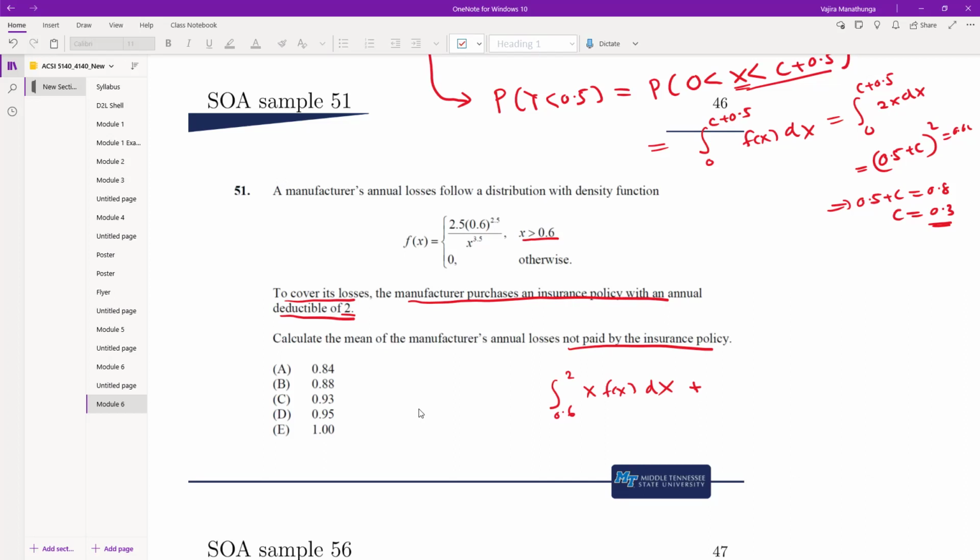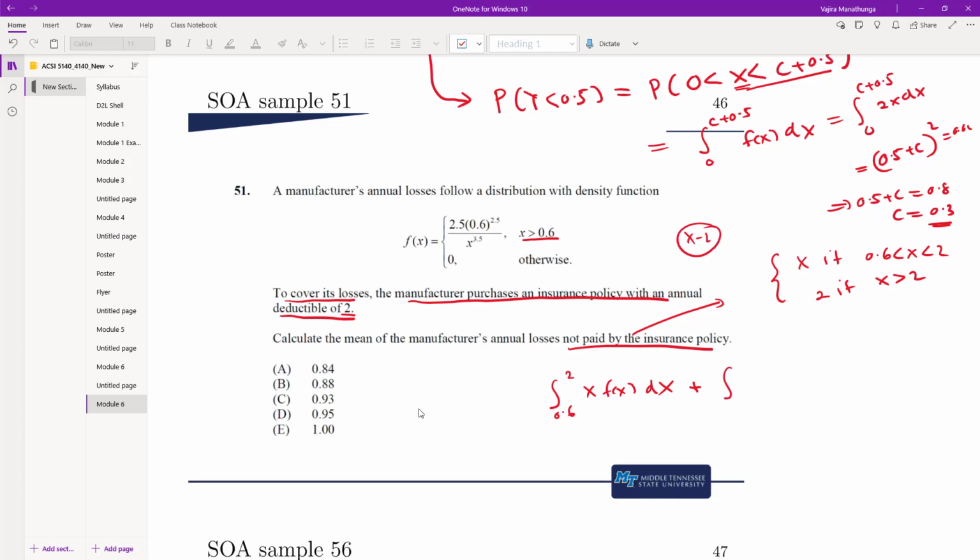So it's basically a policy looking like a limit of 2. So what is the not paid amount? Let's write the random variable X: X if X is between 0.6 and 2, or 2 if X is more than 2. Anything above 2, the payment made is X minus 2.